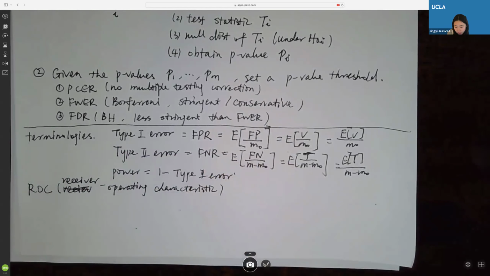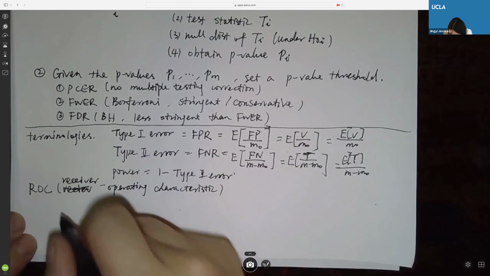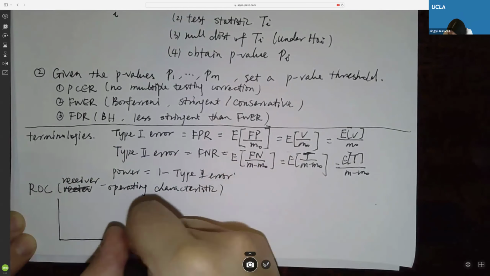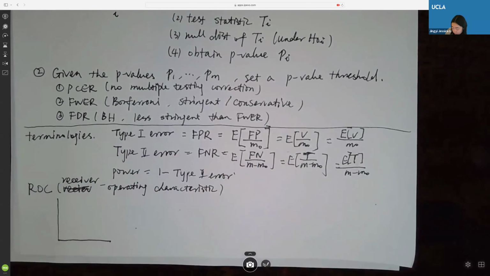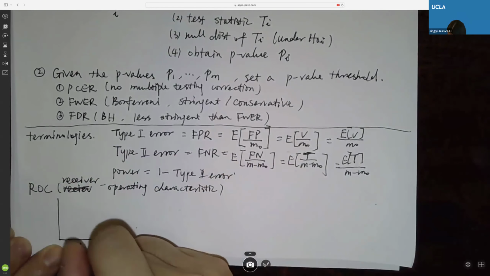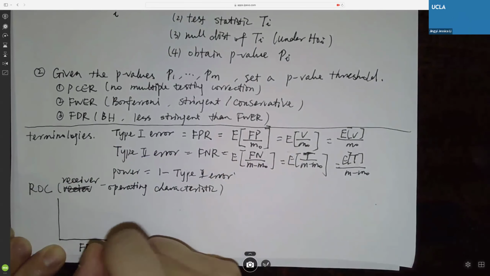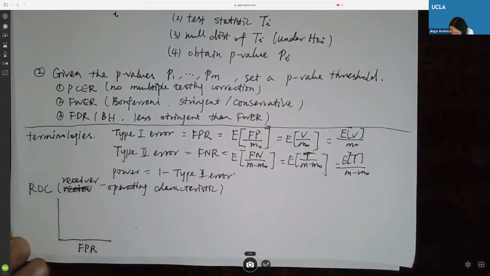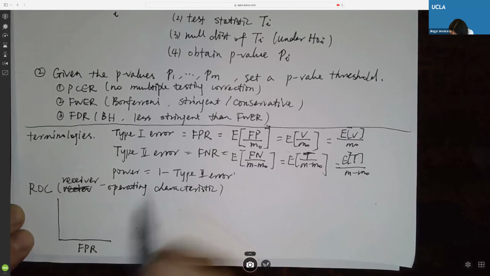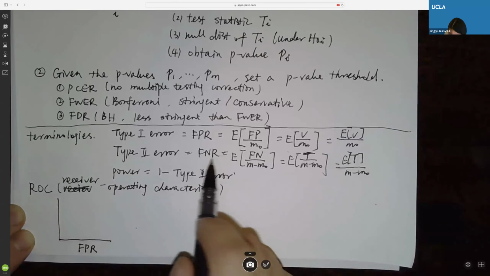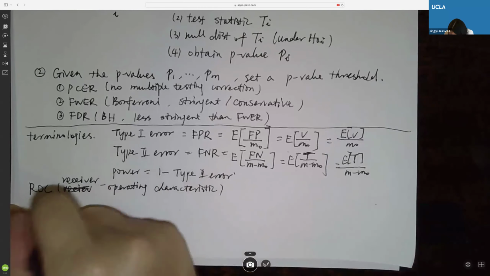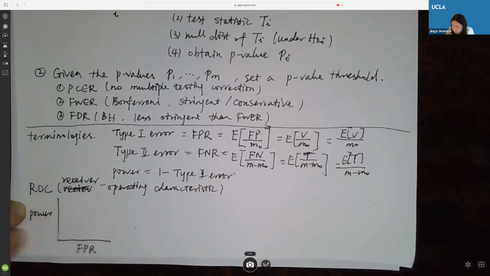What this plots is, on the x-axis, the false positive rate, and on the y-axis, the power.